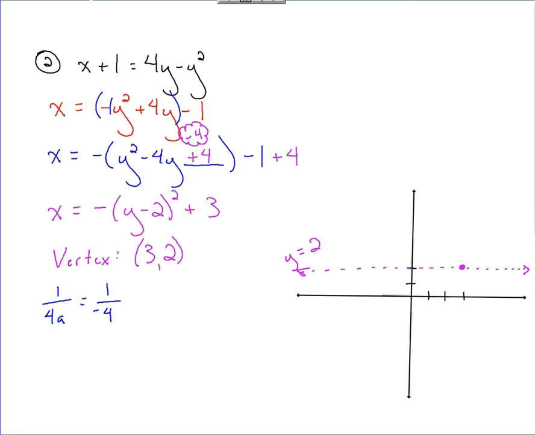Now, just as it did on the last problem, this negative 1/4 is going to give me a couple of things. Like I did on the last problem, I'm going to start by noting what my focus is going to be. If I come over here to my vertex, that negative 1/4 is the distance that I'm going to travel back this direction along my axis of symmetry.